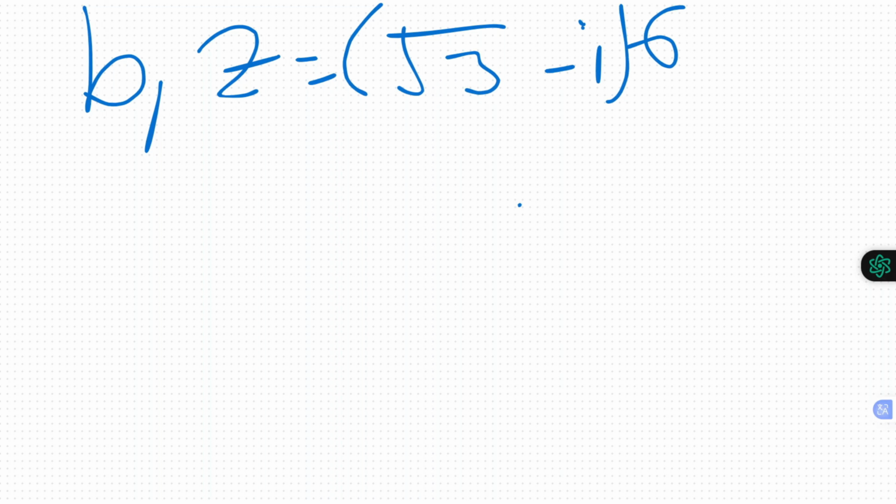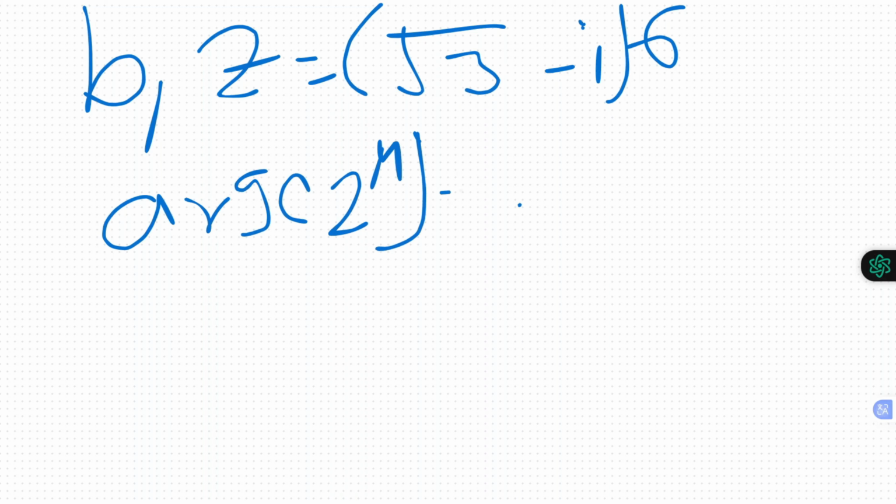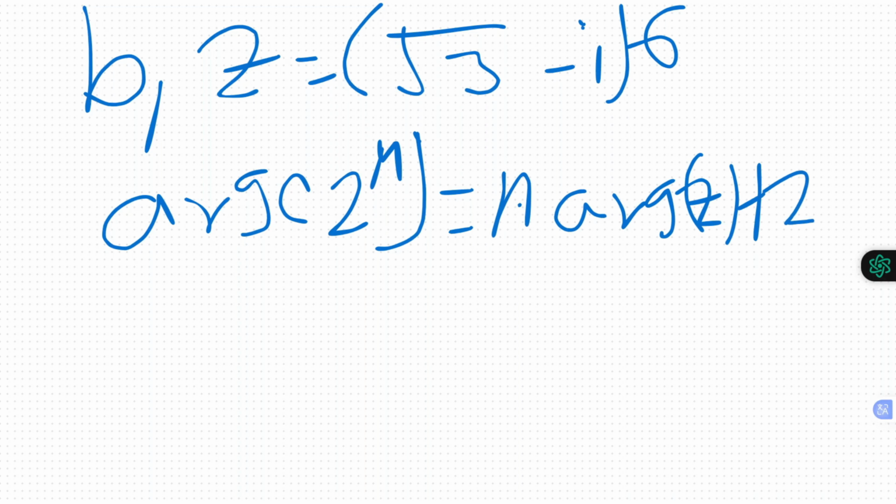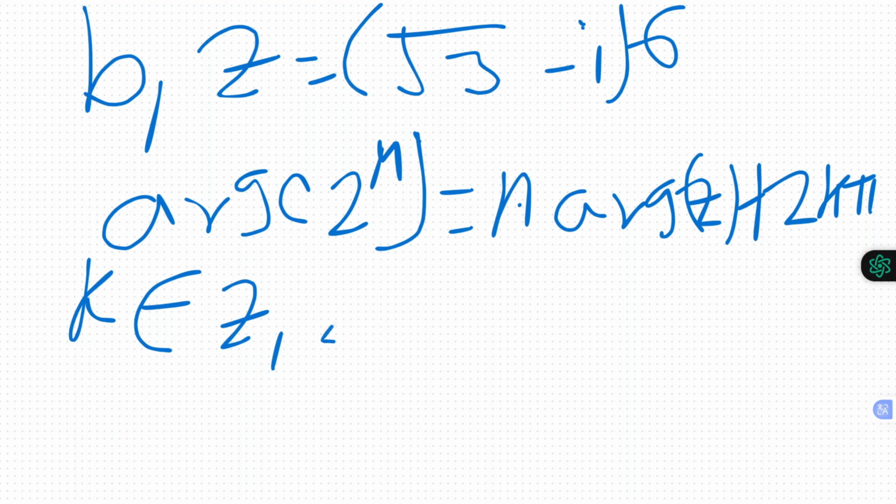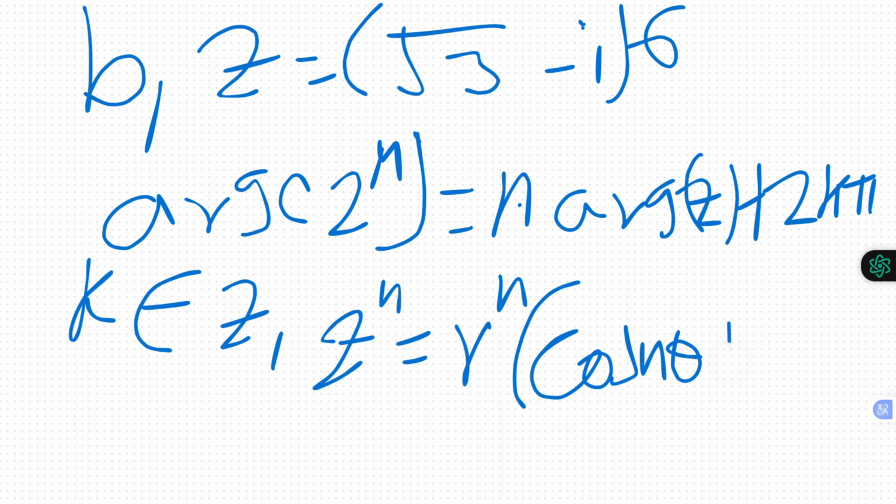In order to find the argument of this complex number, first we understand that the argument of z to the power of n is expressed as n times the argument of z plus 2k pi, where k is an integer, and z to the power of n is always expressed as r to the power of n, the norm, multiplied by cos of n theta plus i sine n theta.